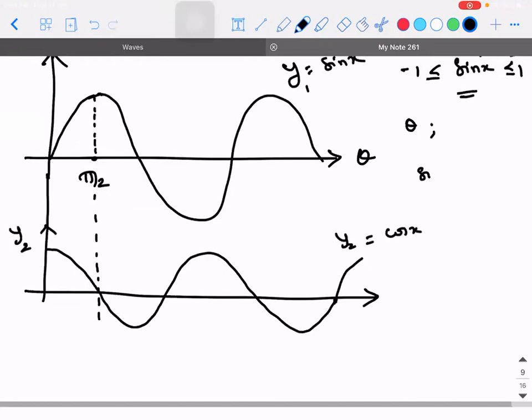You can open your maths textbook and refer to the 3rd chapter. If you observe, this will be the graph for y is equal to cos x. I've drawn a vertical line. The reason why I've drawn it is because, tell me, how can you write cos x in terms of sin x?